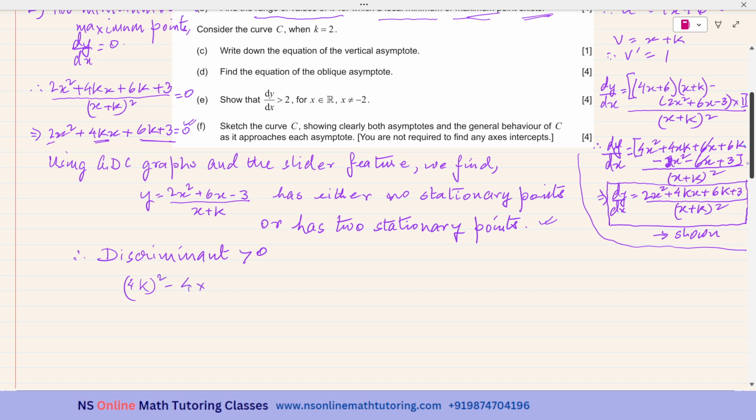So 4 times a is 2 times c is 6k plus 3 should be greater than 0. Implies 16k square, and this is 8 times 6 is 48, minus 48k and minus 8 times 3 is 24. So minus 24 is greater than 0.